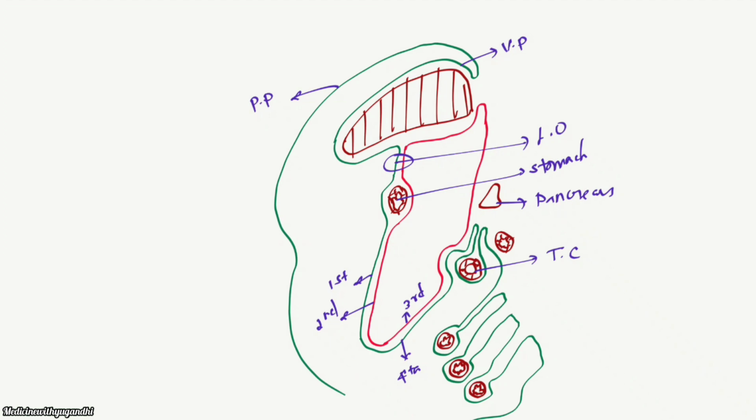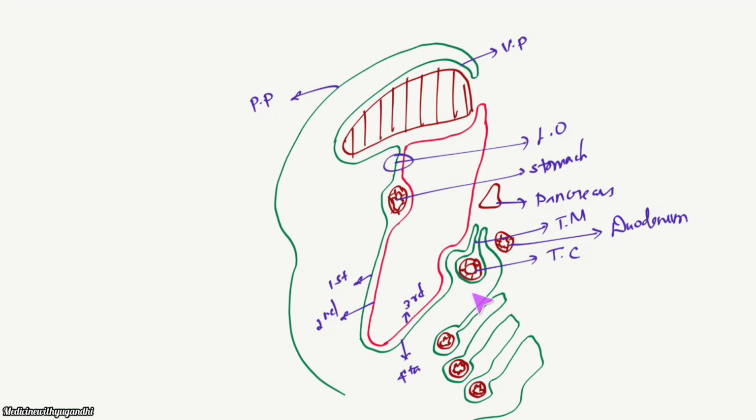Of course, as I already mentioned in the previous video, the peritoneum takes its own name according to the organ it is lining. If you want to watch the video on the peritoneum, please check the description box for the link. So this is the transverse mesocolon, and this one is the duodenum.